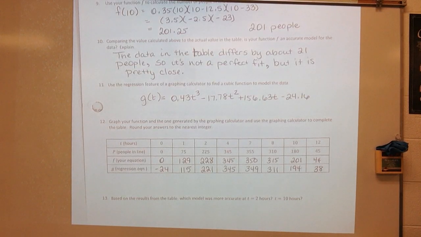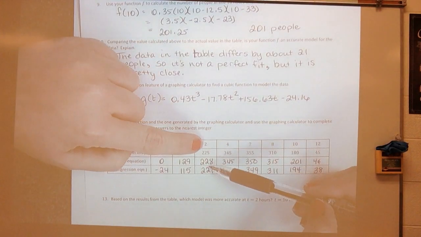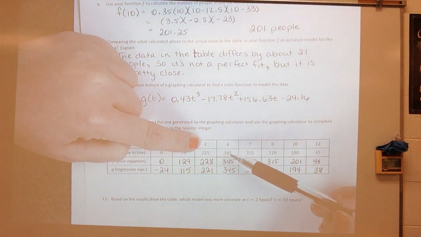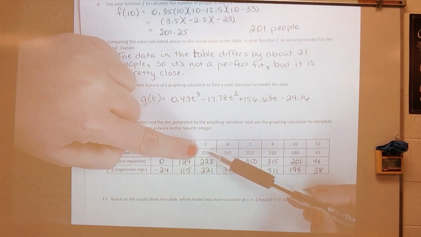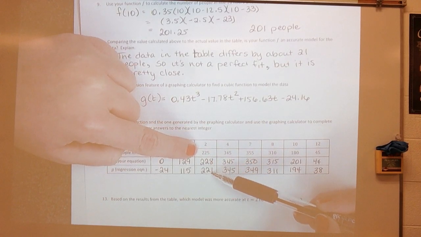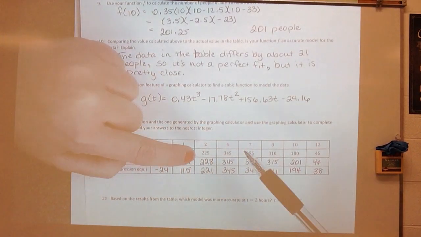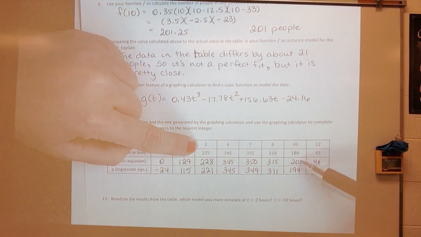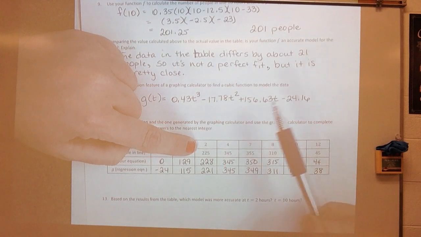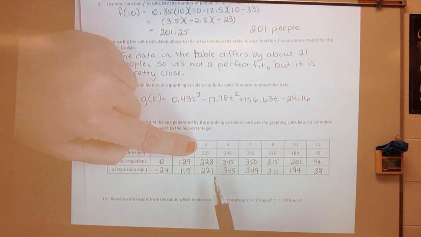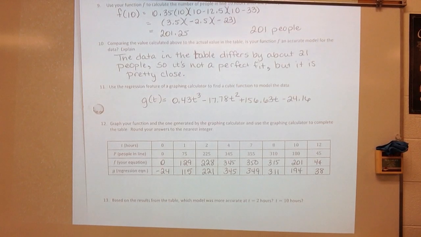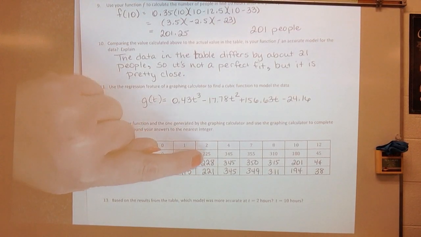So based on the results from the table, which model was more accurate? T at 2 hours or T at 10 hours? So if I look at 2 hours, all right, 225, this is the original data, this is what we got, this is what the regression got. And here at 10 hours, they got 180, we got 201, the regression gave us 194. So which one was more accurate? T at 2 hours is more accurate.